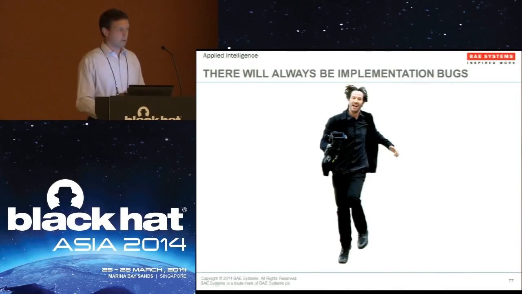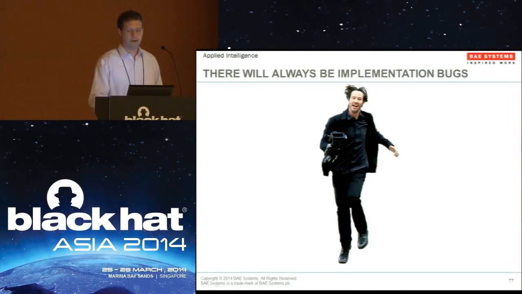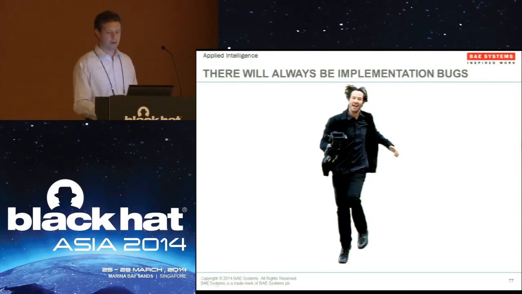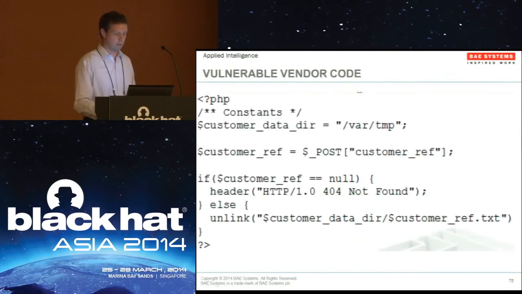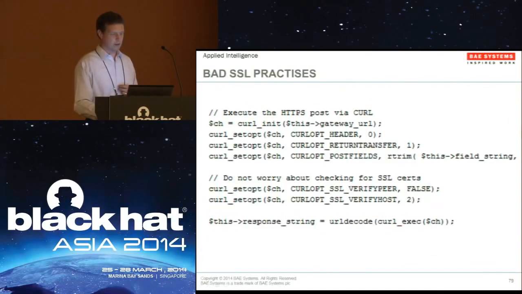Luckily, there will always be implementation bugs, which makes me happy and keeps me in a job. If you do want to look for bugs in payment gateway implementation, the following are a few good places to look. Vulnerable vendor code, arbitrary file deletion. It's always handy. Bad SSL practices. This one is absolutely everywhere.